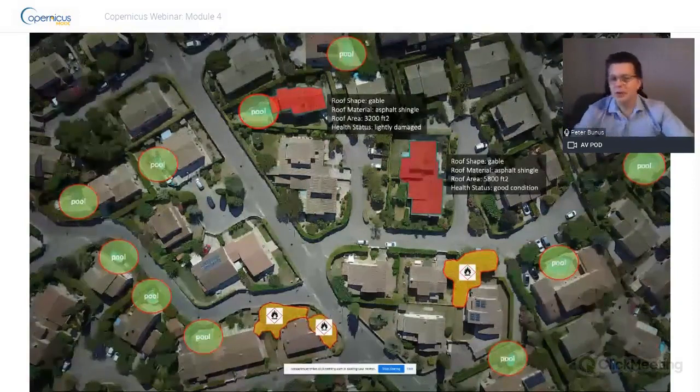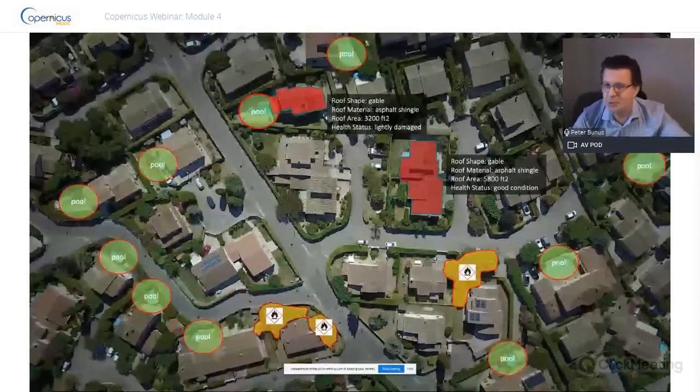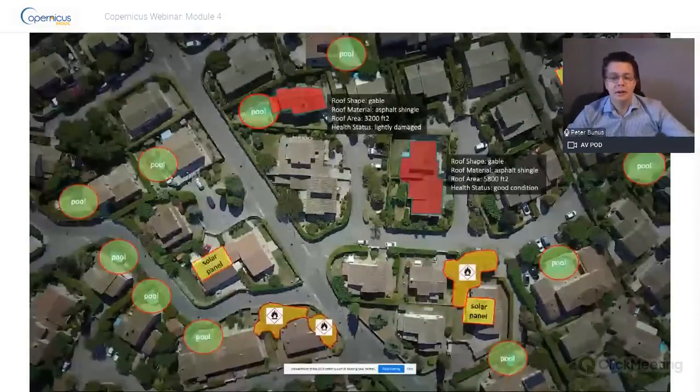If these two houses are located in a hurricane alley, where we know there is a very high probability of strong winds due to tornadoes, then there is also a very high probability that these roof shapes will be damaged during extreme weather conditions. And obviously, we would like to know that.